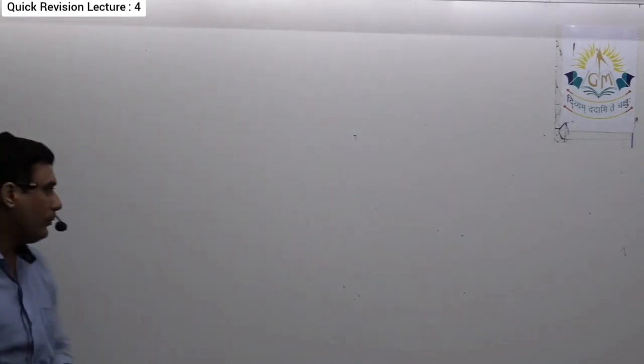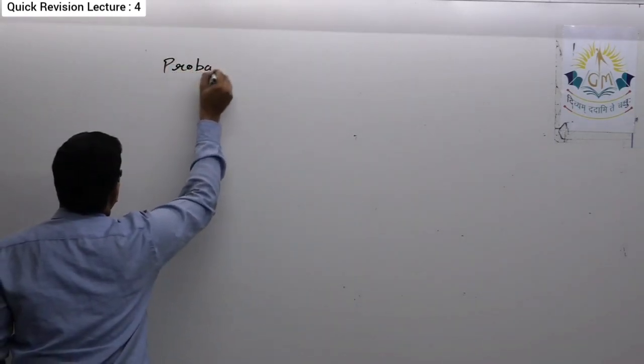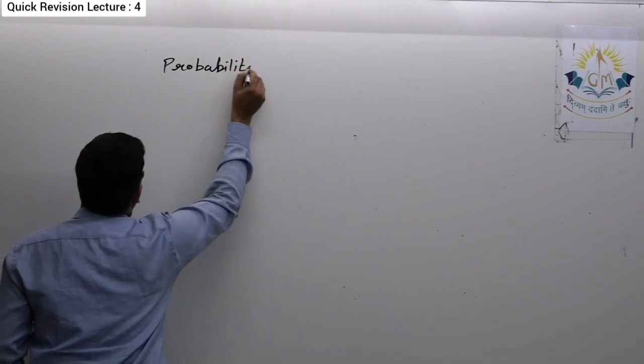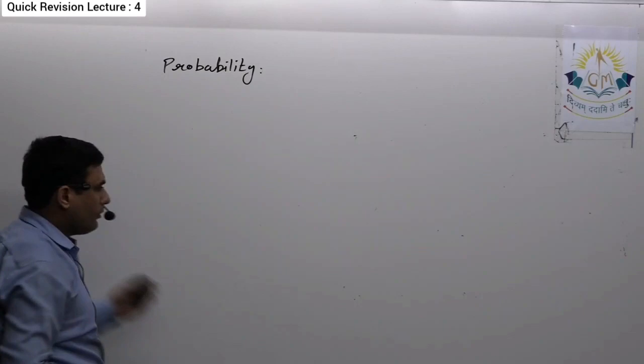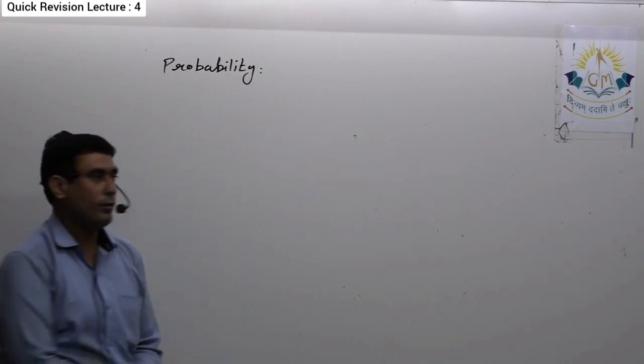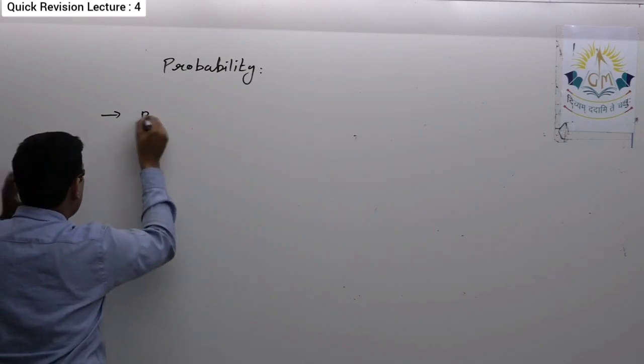That is also a very small chapter, probability. I won't say it's a theoretical topic, but the basic thing you should understand is a very basic formula.